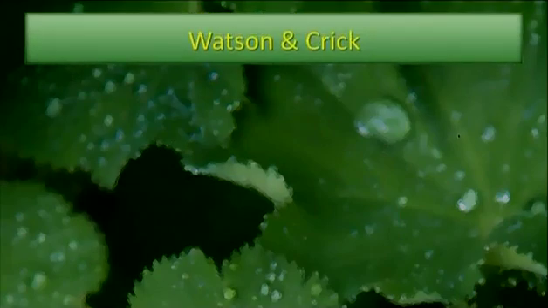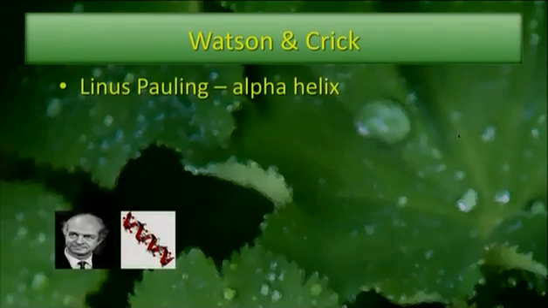Now Watson and Crick actually put together the structure of DNA using information from other people. For one thing, there was Linus Pauling of Caltech. He hypothesized that DNA might be similar in structure to protein structure.